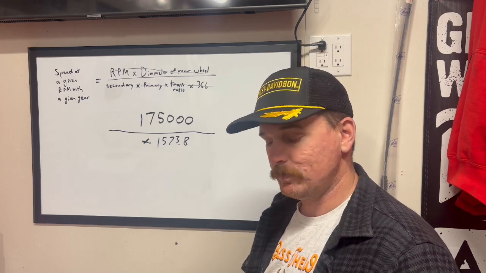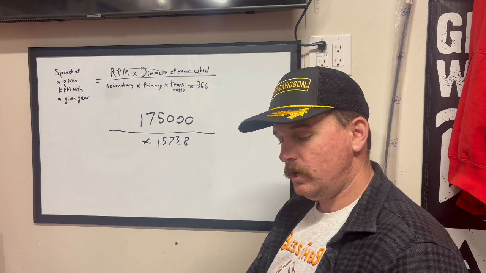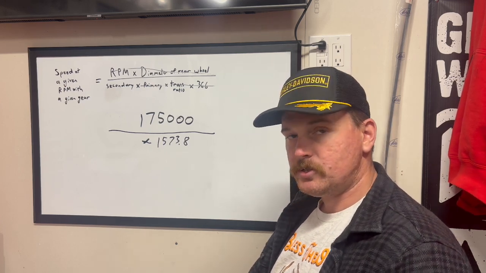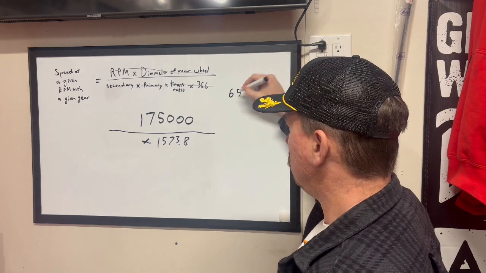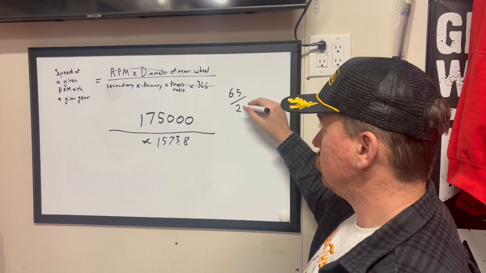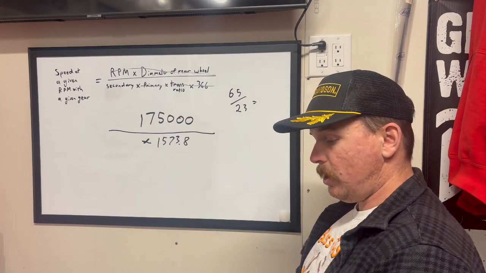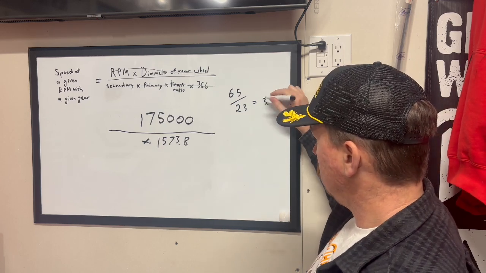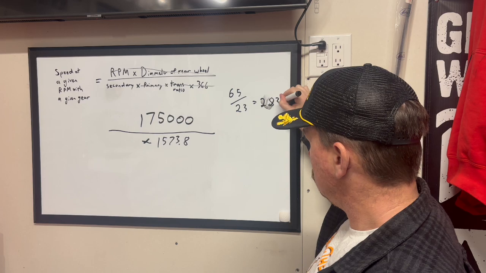We'll go over just 3 of them to show you how this math works so you can calculate it yourself at home. The first one is for super short tracks: 65 is the rear and the front, like I said, is 23. We divide those and get 2.83.